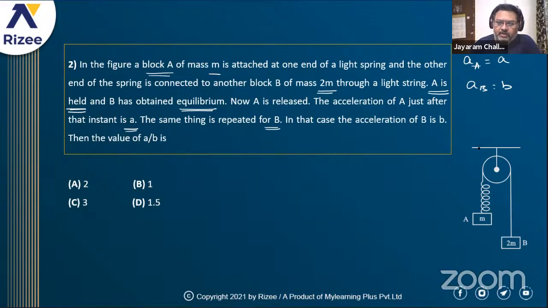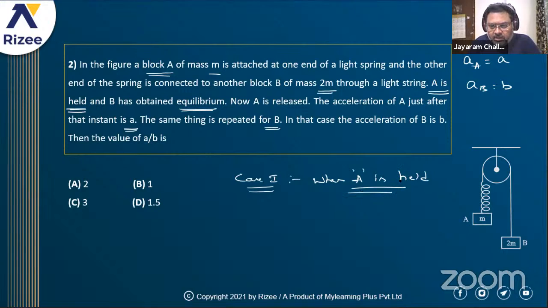Okay. So for the first case, I'll write it here, this is case one. So for case one, A is held, so that means you are holding A, you are not allowing it to move.